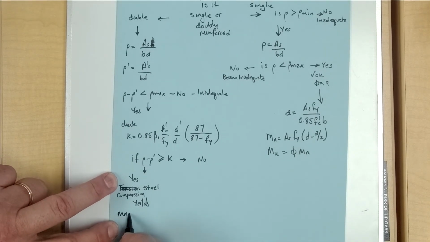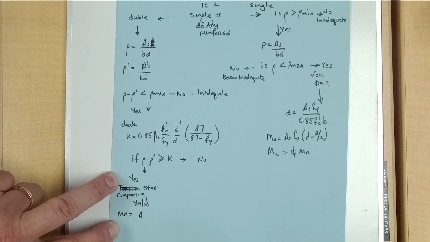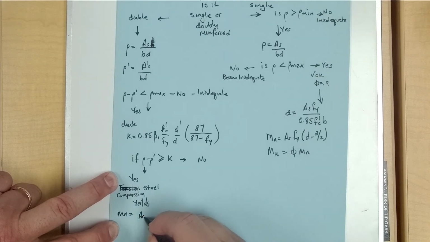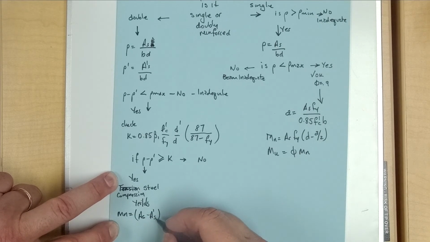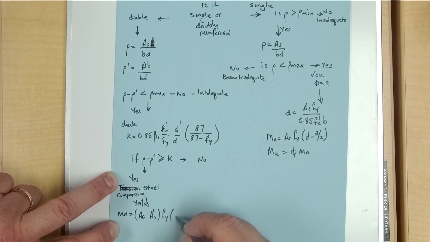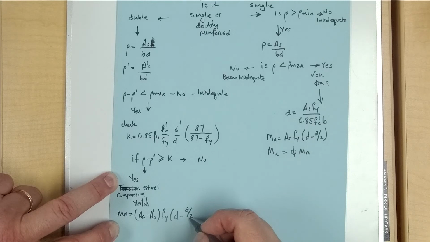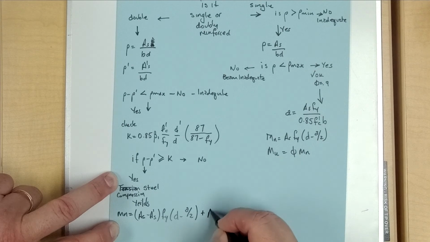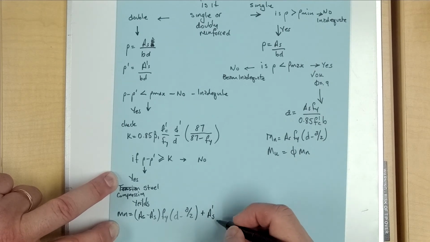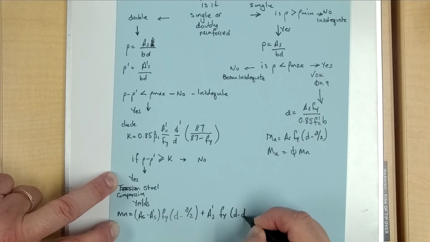M_n is equal to (A_s minus A prime s) f_y (d minus a over 2) plus A prime s f_y (d minus d prime).